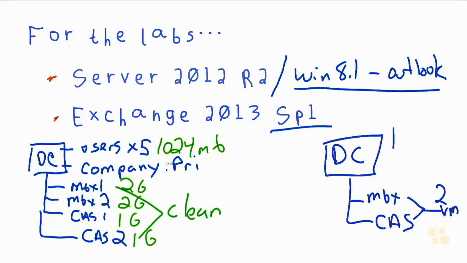If you've got 16 gigs, boy, you can even spread the memory out a little bit more on these. And the more memory you can give them, the faster they'll be. Now, if you chose this environment, well, then you can get away with giving the domain controller a gig and give that box as much as you can give it. Like, see if you can give it 4 gig. It'll run pretty smooth for you for all of the labs.